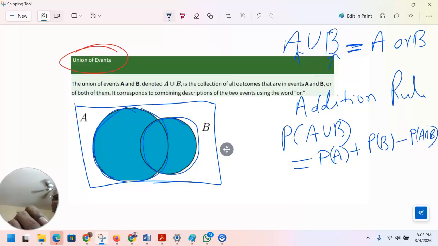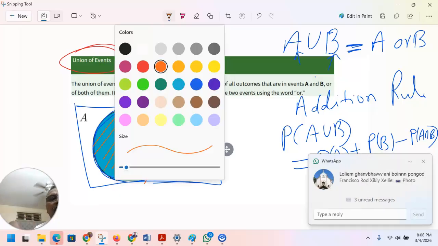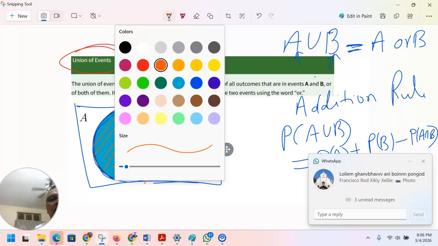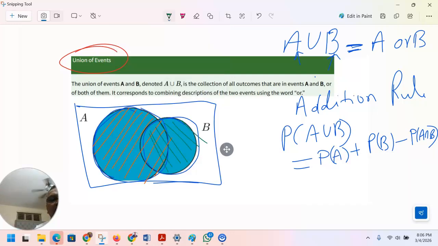So when you talk about probability of A in this example, it means this whole thing, and then I'm using a different color, maybe orange, green. So this is probability, and when you are doing A or B, I can't just add this.